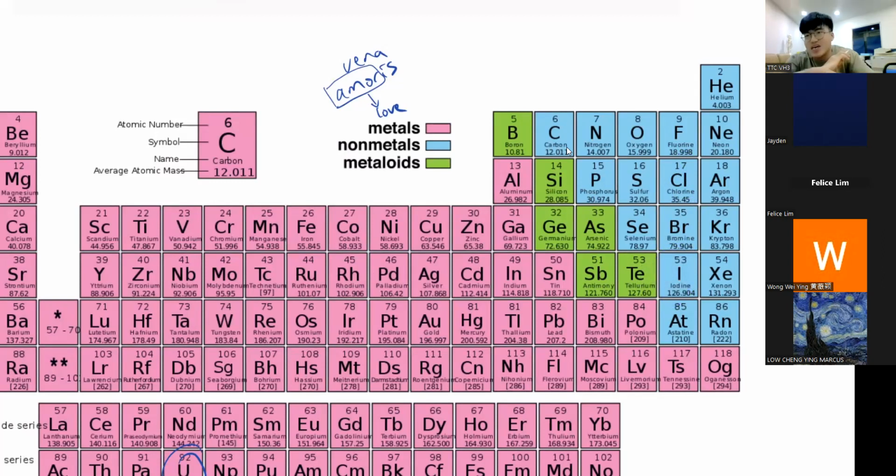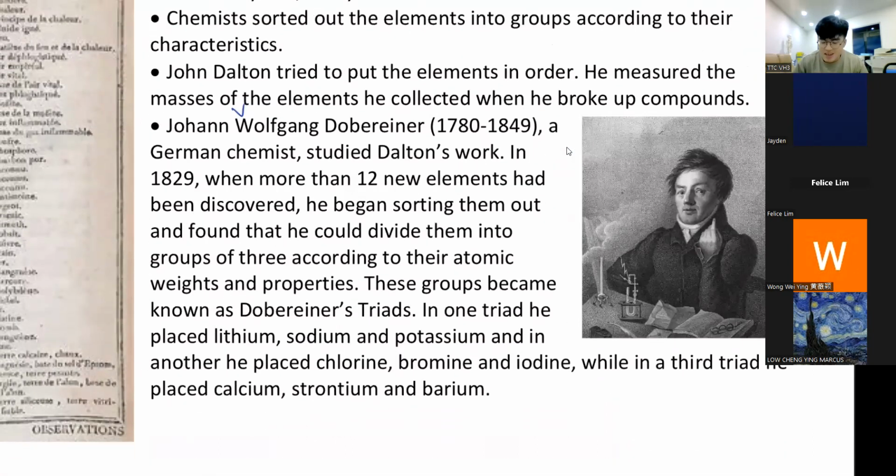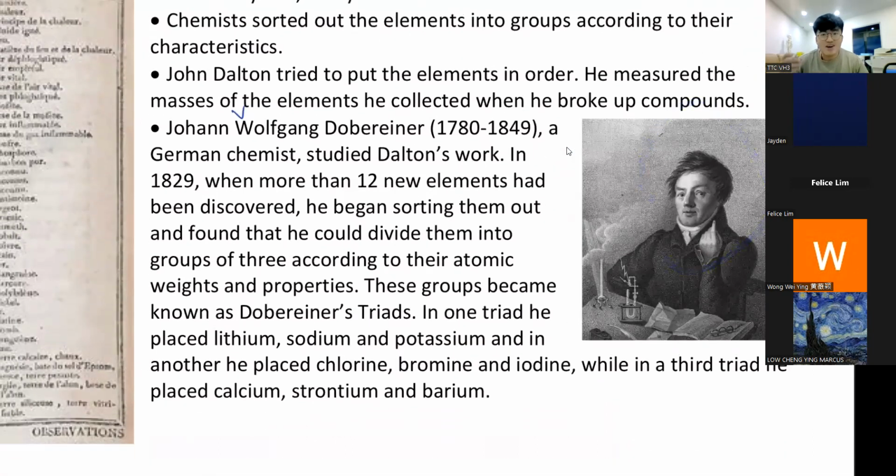When you cut yourself, you put yellow medicine on it, right? That's your iodine. So they are the same as chlorine. So Dobereiner was actually correct, 200 years ago. You see how crazy that is?